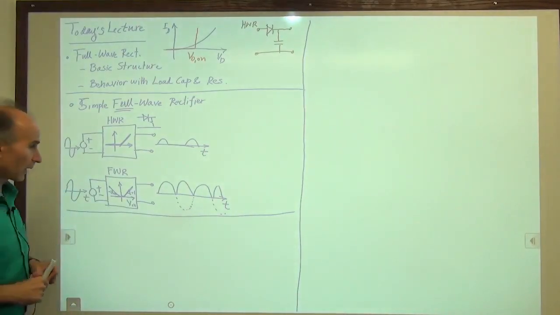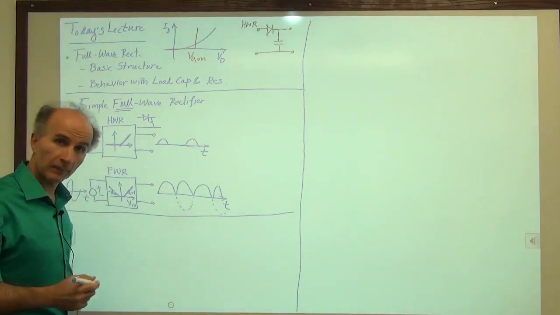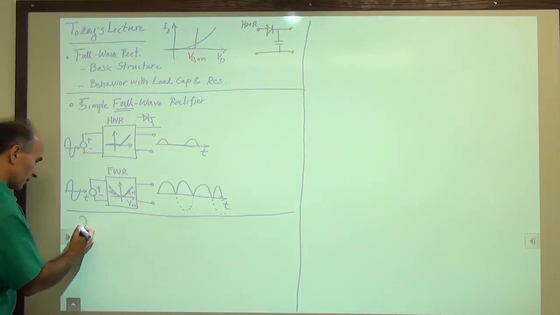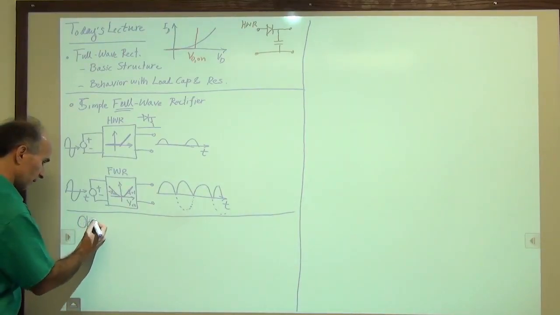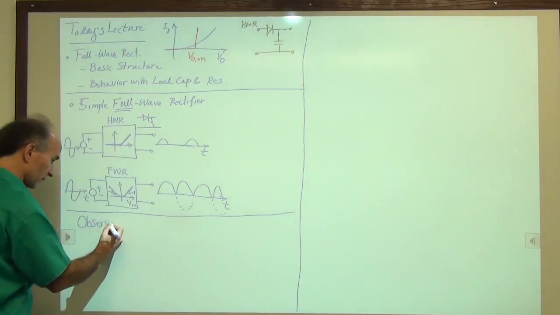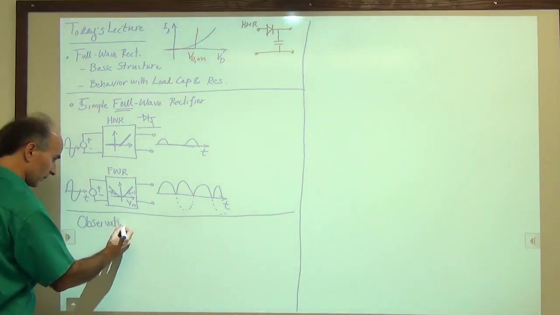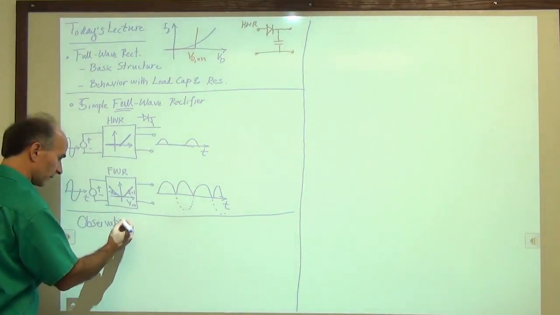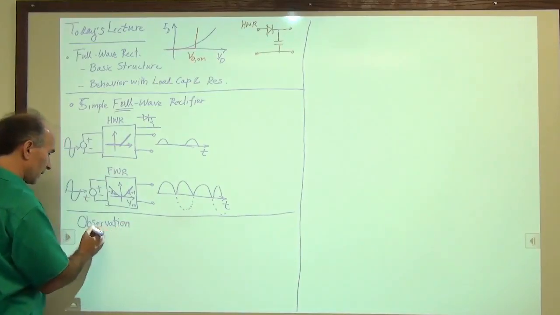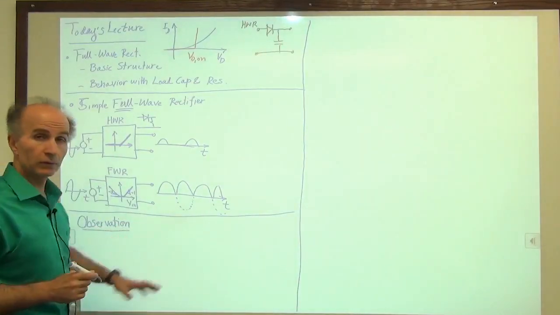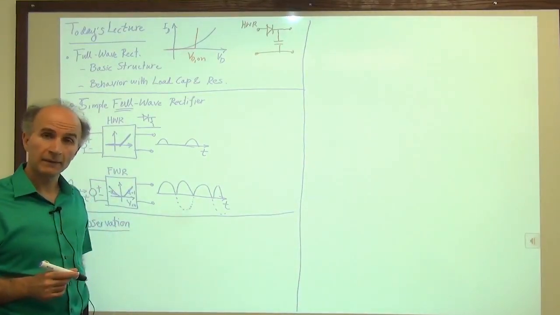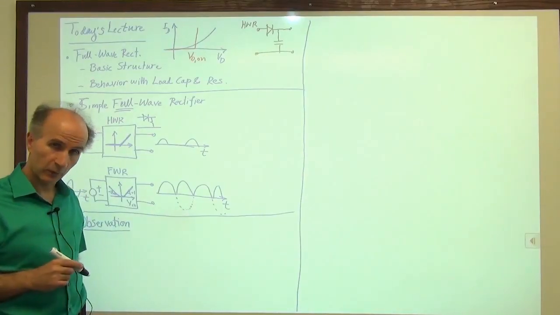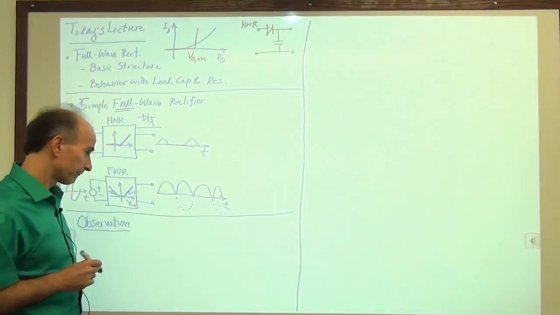So I would like to make one observation which will help us greatly. So here's an observation. This is something really from basic circuit theory, but it's good to look at it in a new light in the context of what we are doing here.